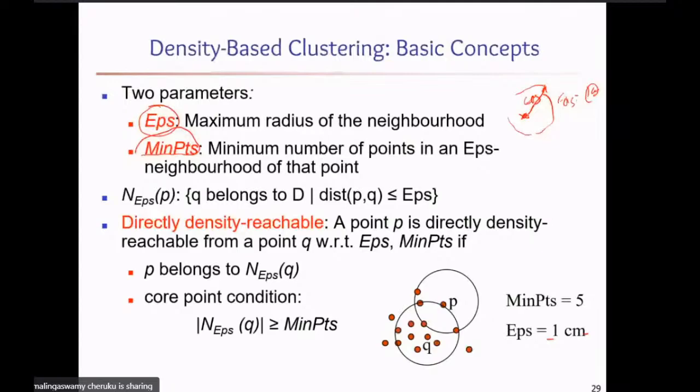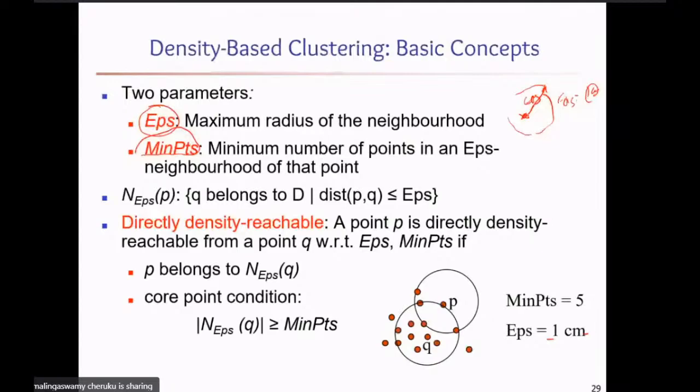For some certain value, here I set the minimum number of points to 4 and epsilon at 0.5 and 0.4. For 0.5, this is the output we got. For 0.4, if you see, so many clusters have been formed. So you should be clever. In the same way, for the minimum number of points 5, it has created two clusters.